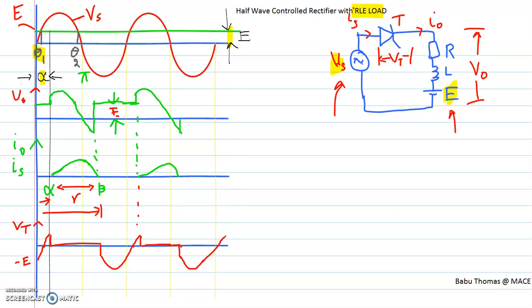So this will be the thyristor voltage. This is the total working principle of the system when the load is an RLE load.